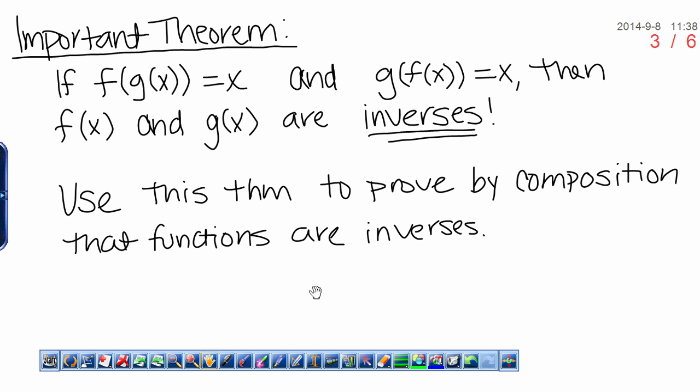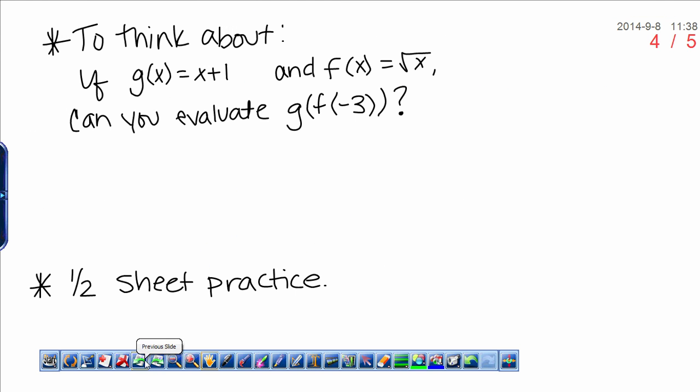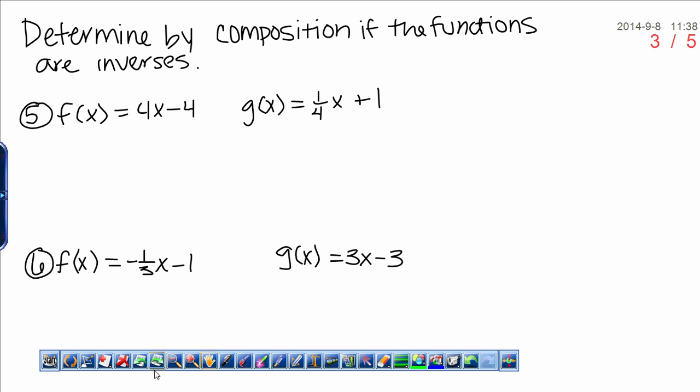All right, let's try it. I want to determine by composition if the following functions are inverses of each other. So for number 5, I've given you f of x is equal to 4x minus 4, and g of x is equal to 1/4 x plus 1.